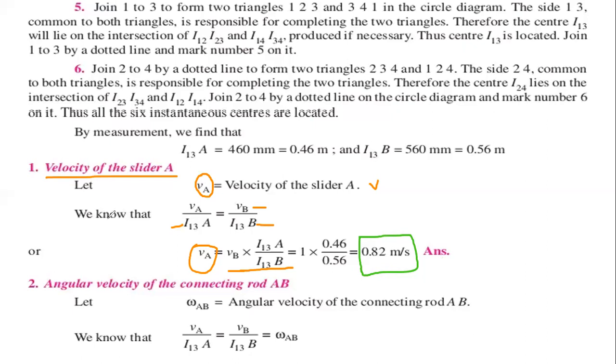Next we are going to find the angular velocity of the connecting rod AB.